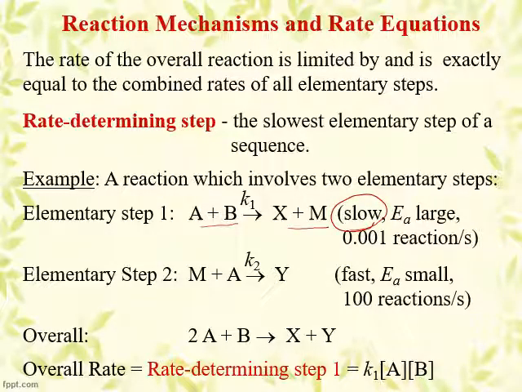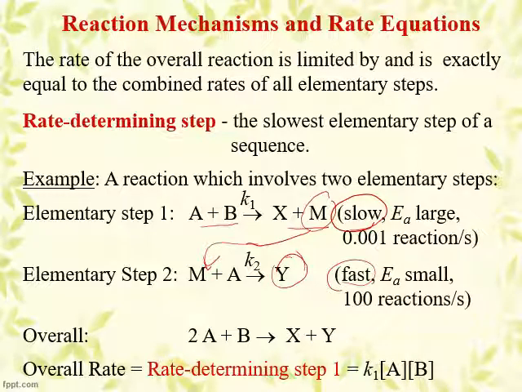In step 2, M is the intermediate which is used as the reactant to produce Y. Elementary step 2 here is a fast reaction.